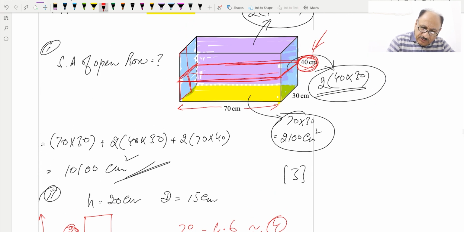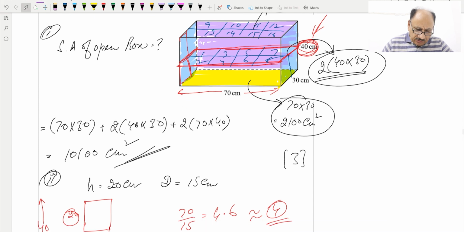So if we split this into half, 4 plus 4, 8 cylinders will be in one row. So 1, 2, 3, 4, 5, 6, 7, 8 cylinders in one layer and 8 cylinders in the top layer. So 16 cylinders will be there.